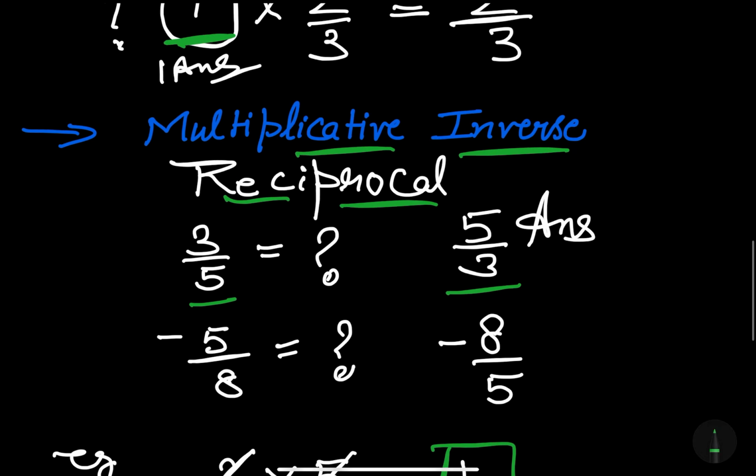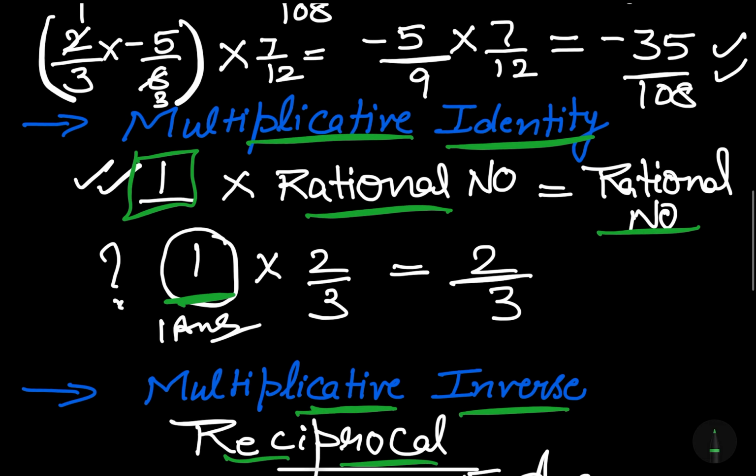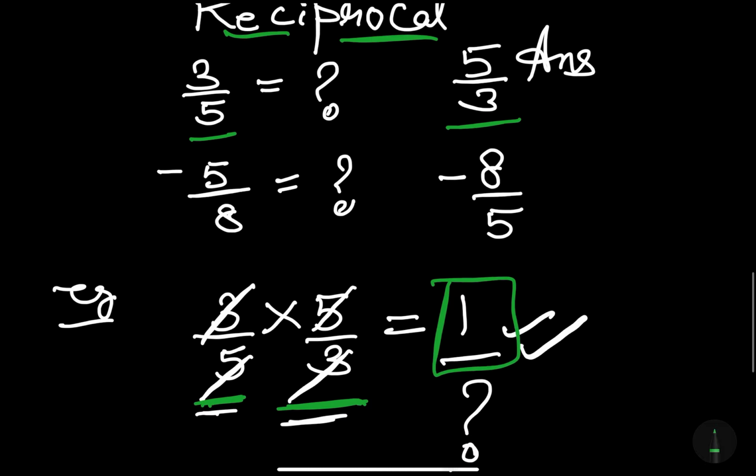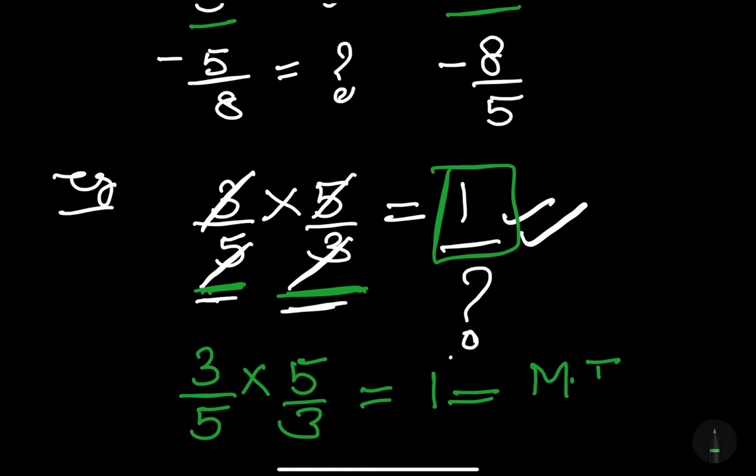What is our multiplicative identity, students? Multiplicative identity is 1. Look here, when we multiply this rational number 3 by 5 with its reciprocal, what do I get as the answer? 1. 1 is nothing but the multiplicative identity.